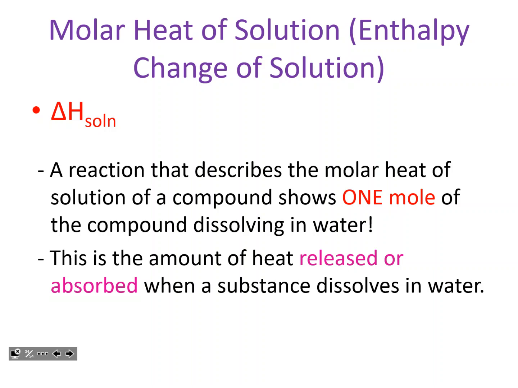Then you have to disrupt the hydrogen bonding IMFs in the water. That is also endothermic. You're overcoming some of those forces. The last part of the dissolving process is when the water attracts to the ions and surrounds them. Remember, the H's point in towards the anions and the oxygen parts of the water point in towards the cations. They form that ion dipole force. The formation of the ion dipole force is the exothermic part of the process. So you have 2 that have to be broken or overcome, and 1 forming, and out of those 3 together, whichever one nets the highest determines the overall reaction.